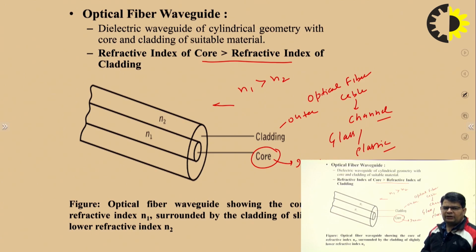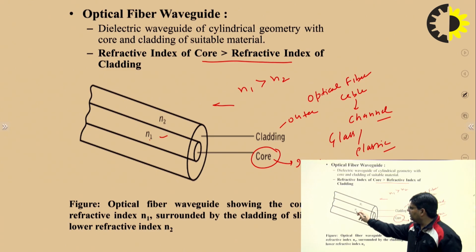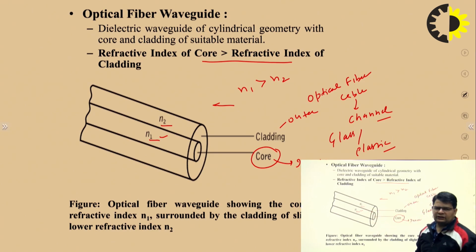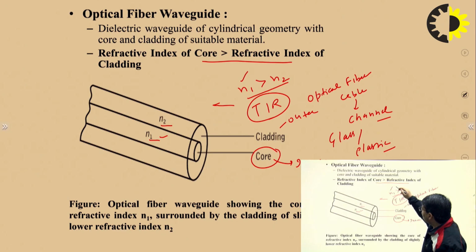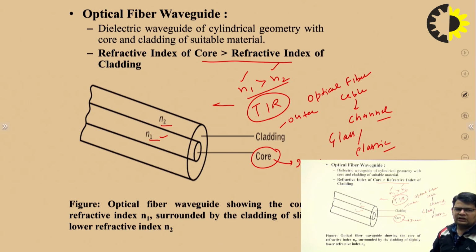So we mainly have the two layers, the inner layer core with refractive index N1, outer layer cladding with refractive index N2, and to ensure the principle of propagation of light inside the fiber, that is total internal reflection, to ensure the process of TIR, so that light may propagate from one end to another end, we ensure that the refractive index of the core is always greater than that of the cladding.